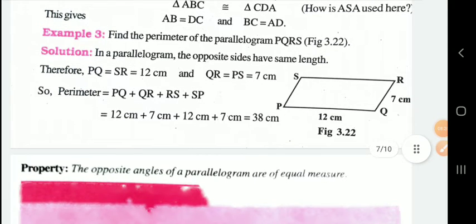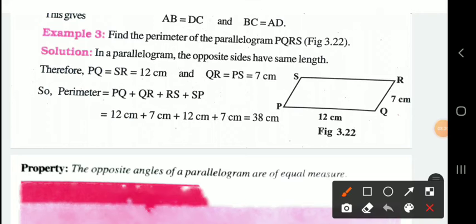Now look at here. This is one example. Find the perimeter of the parallelogram PQRS. Here is the parallelogram PQRS. The length of PQ is 12 centimeter and the length of QR is 7 centimeter. Now we have to find out the perimeter of a parallelogram. Now what is perimeter?